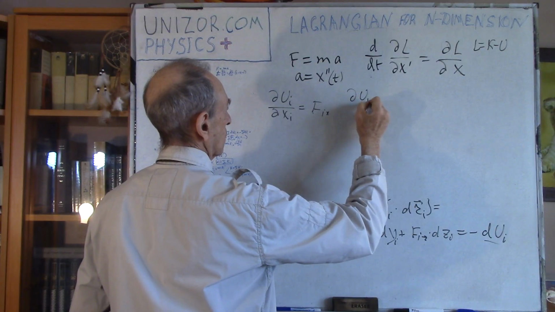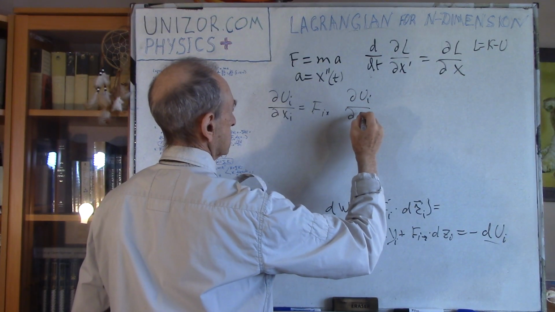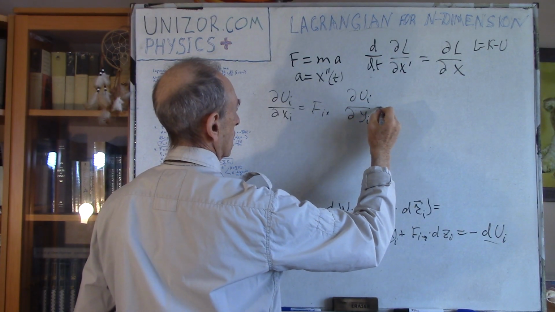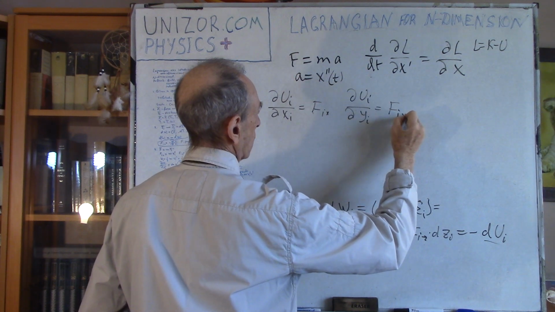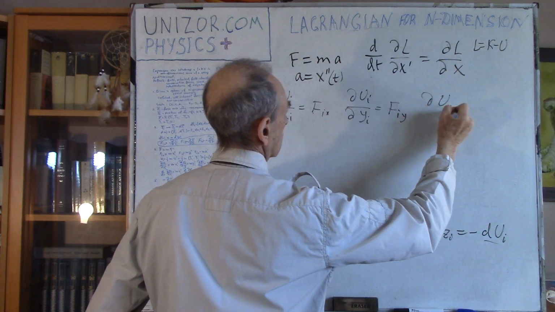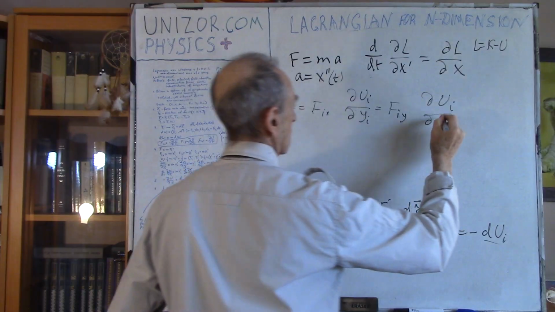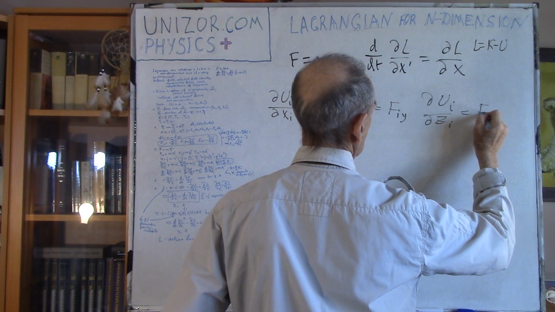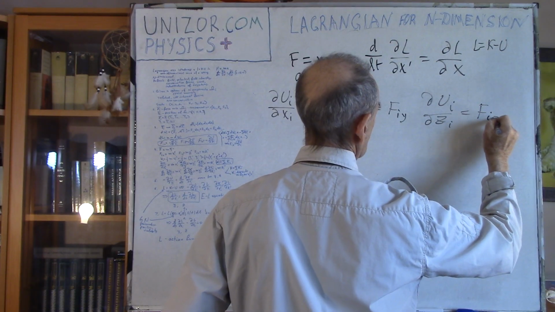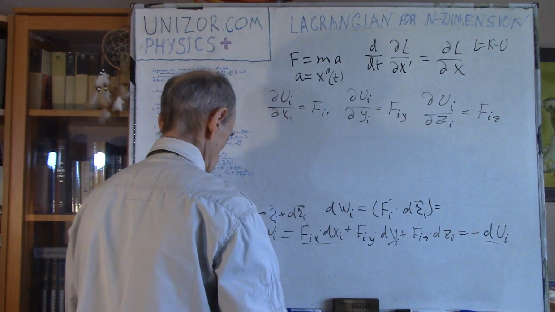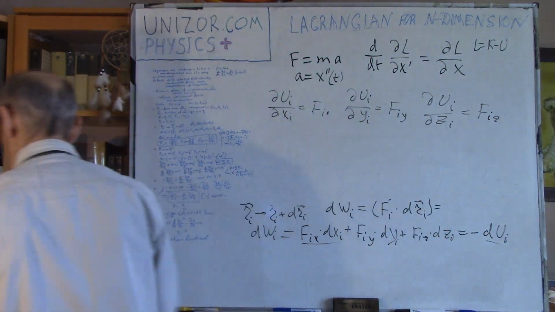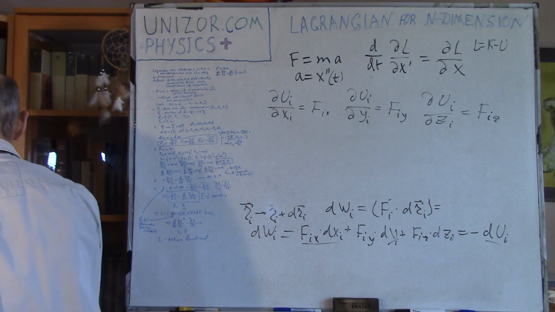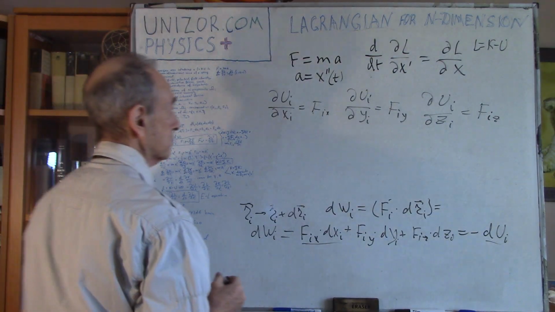And dui by dyi is fiy, and dui by dzi is equal to fiz. Okay.